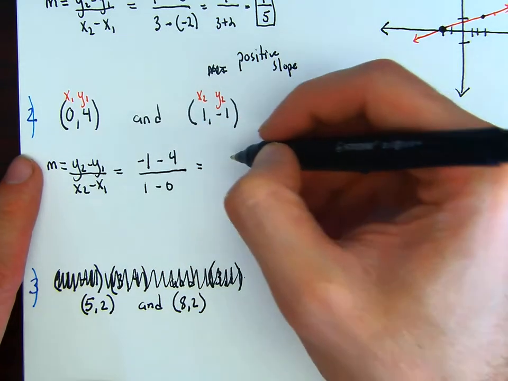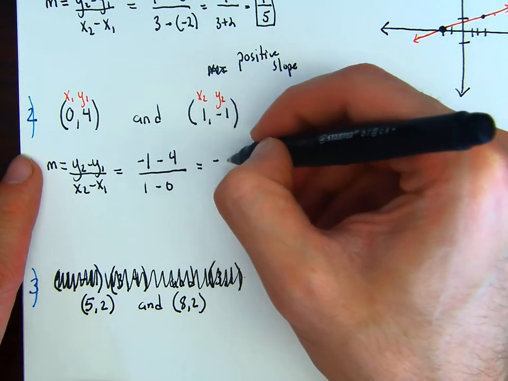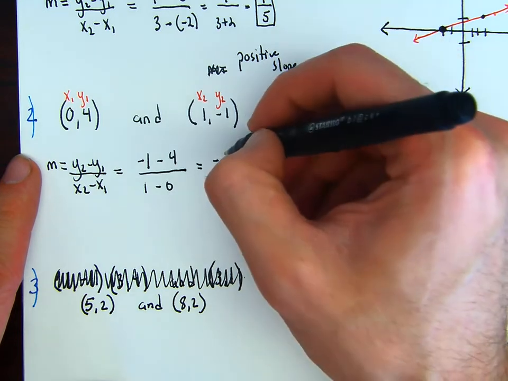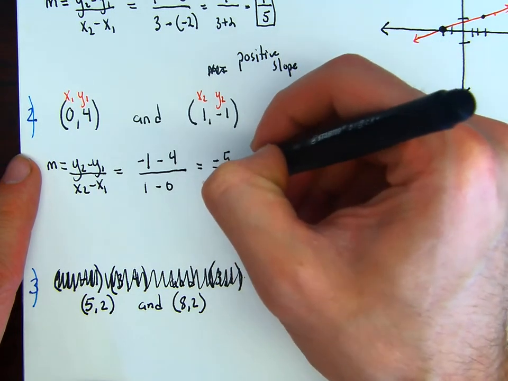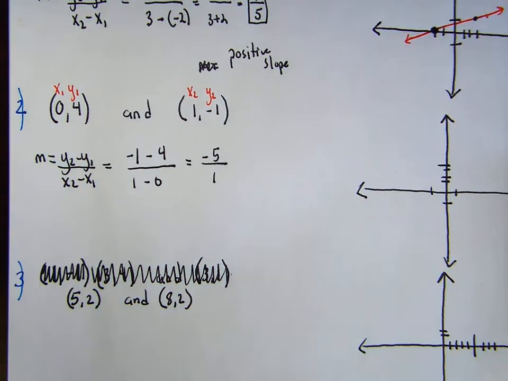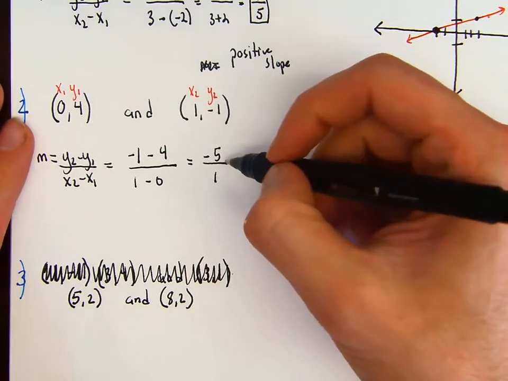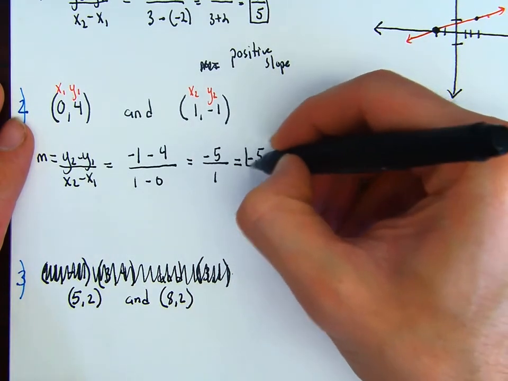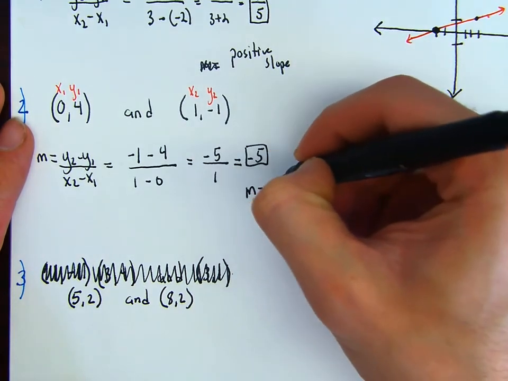So this would be negative 5 over 1. Wait, sorry class, give me 1 second. I need to pause the video. This is just negative 5. So our m value is negative 5.